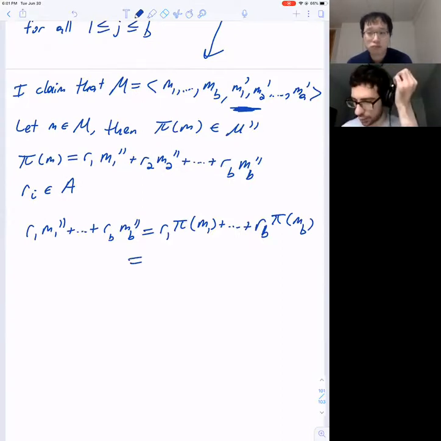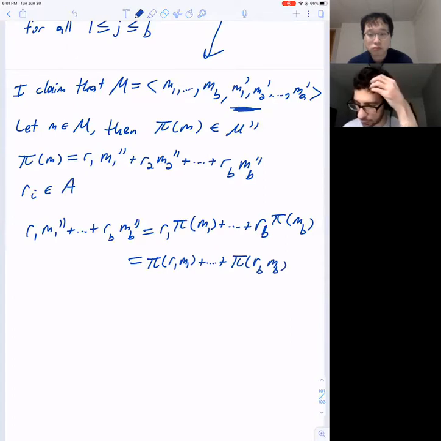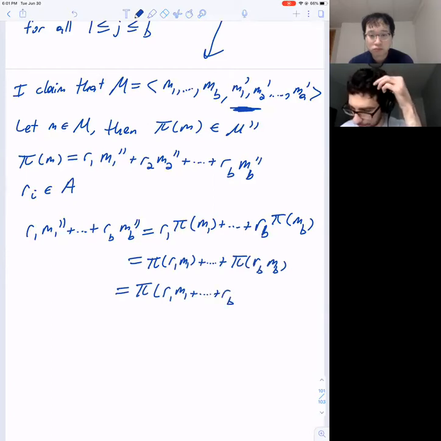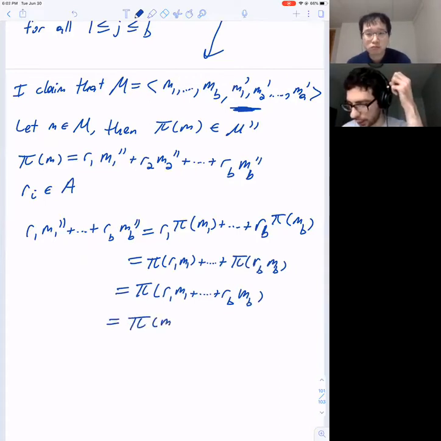But again, this is an A module homomorphism, so I can rewrite it this way. But what was this equal to? It's equal to pi of m.